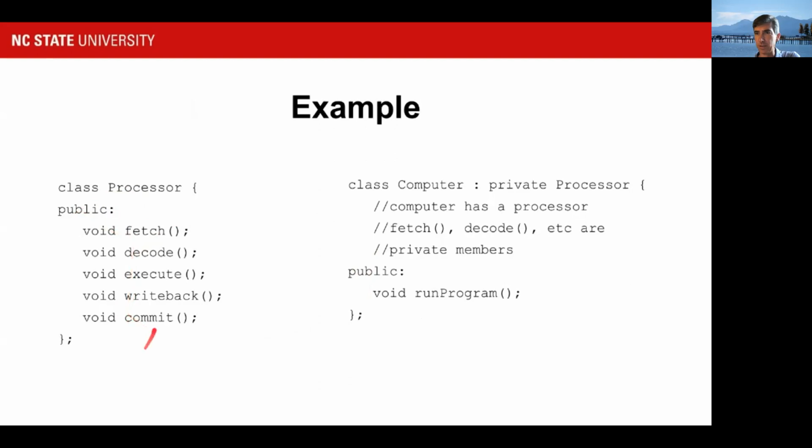Then it might have a bunch of stages like fetch, decode, execute, write back, commit. And then when I declare a class to model a whole computer, then it might privately inherit from processor because a computer has a processor. And it would inherit all these things as private members, but then I could use them within this computer class if I'm running a program.